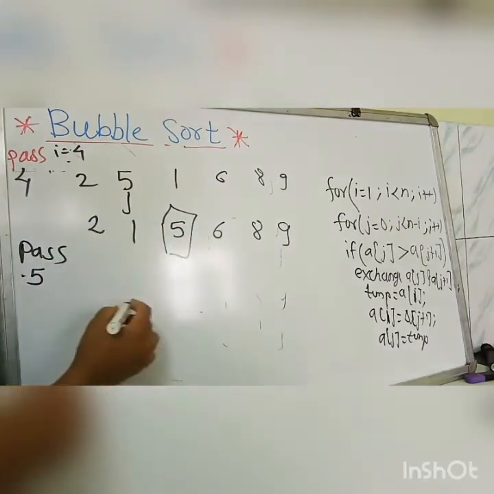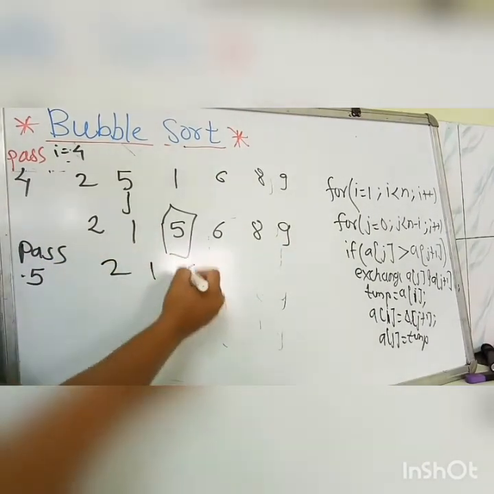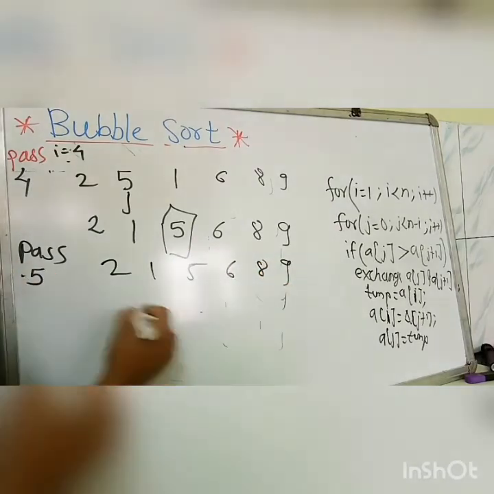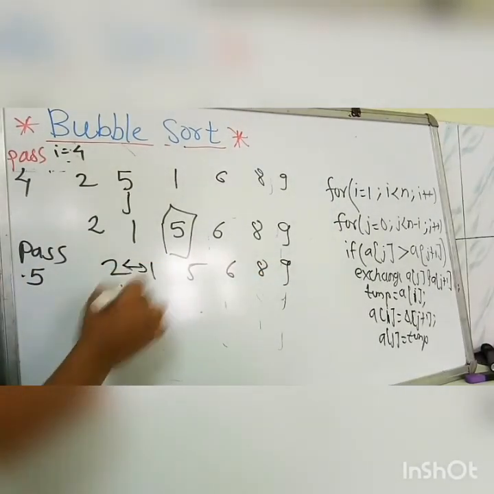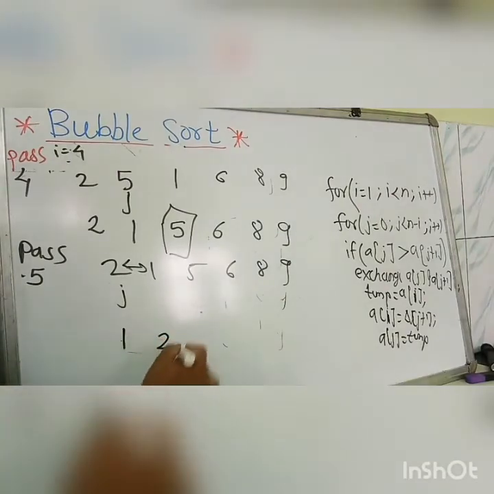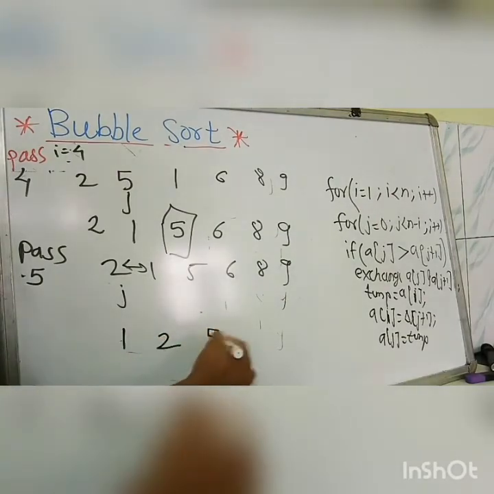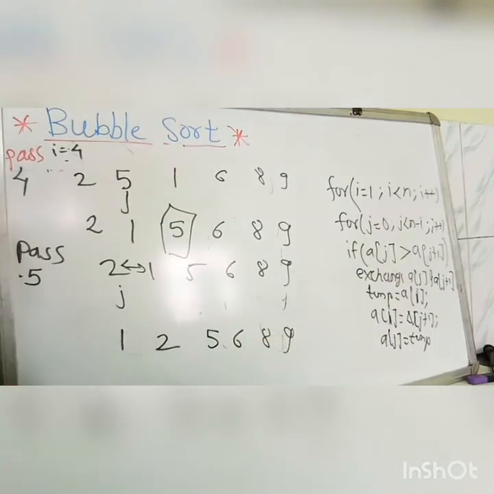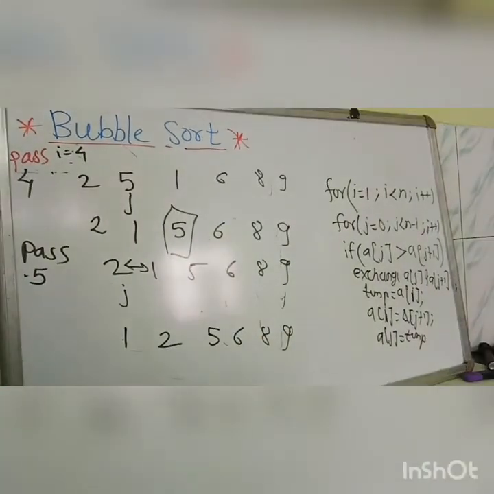Then take this list and we will start with the 0th position, meaning j. In this case 2 is greater than 1, so we will swap them. 1, 2, 5, 6, 8, 9. So this is the final list in which we get the elements sorted.